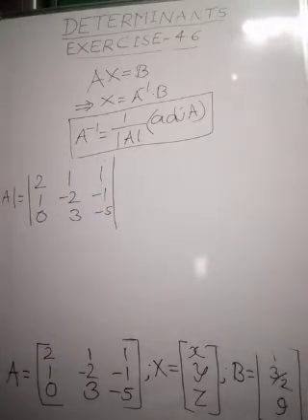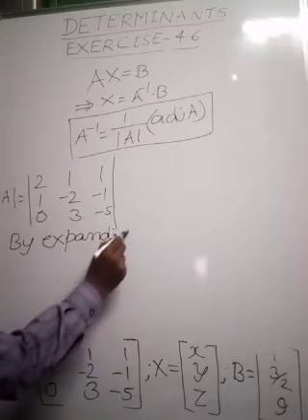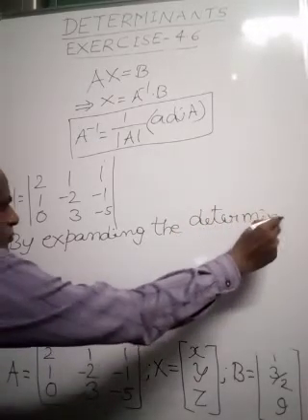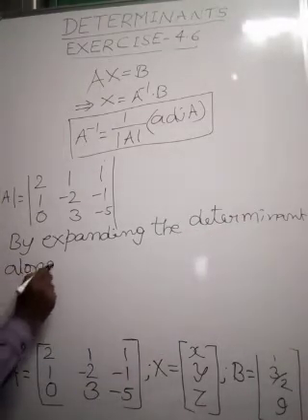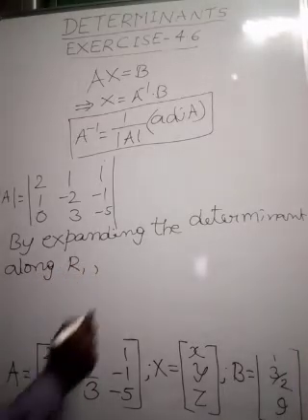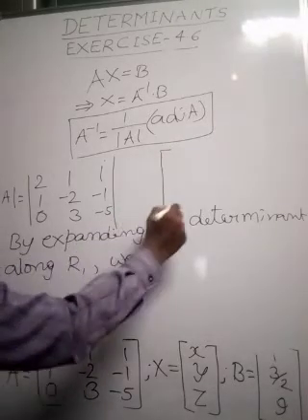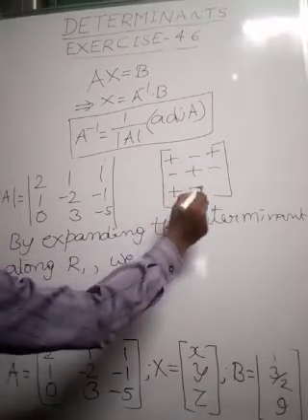Now we are going to find the determinant of this matrix. By expanding the first row, I am finding the determinant of the matrix A. Expanding along R1, we get det A is equal to, you must remember this sign matrix: plus minus plus, minus plus minus, plus minus plus.